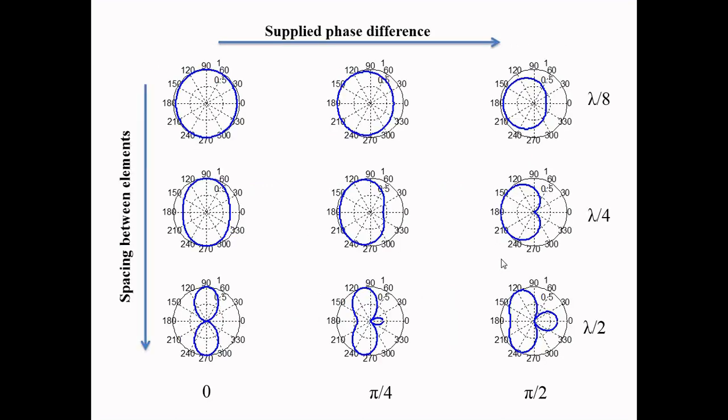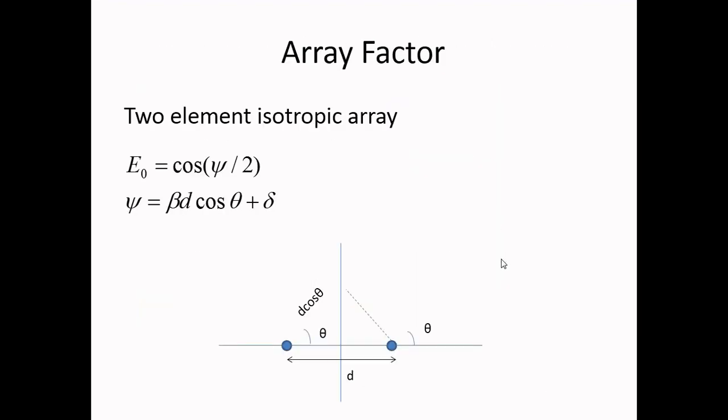The code with which I drew the radiation pattern over a polar plot, I used that same code to draw the radiation pattern of some permutations and combinations. If we go to the previous slides, in this formula we have d and delta that can be changed, where d is the spacing between the two elements and delta is the supplied phase difference.